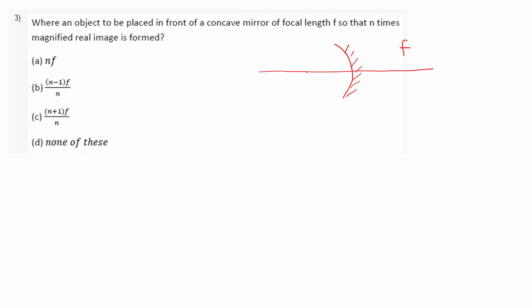There will be the focus of course, there will be the center of curvature on this principal axis. Now the question is where should we put the object in front of the concave mirror so that the image formed is n times the size of the object.